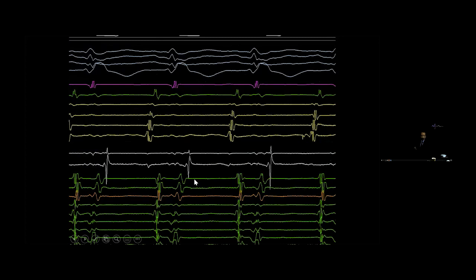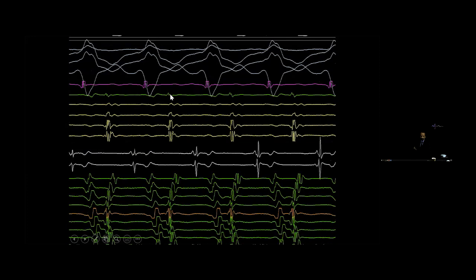Now, sometimes we don't actually have to do a maneuver. When the patient's PVC or VT shows up, we notice the signals have flip-flopped. The near field signal is coming earlier than the far field signal, telling us that wherever that catheter is making contact with tissue, the near field signal is critical to this arrhythmia.